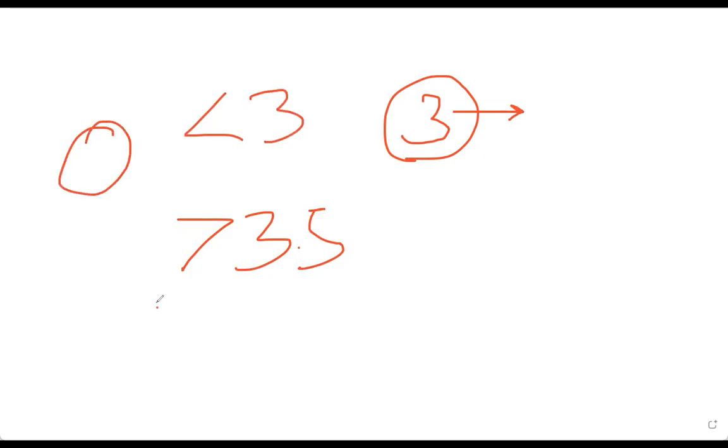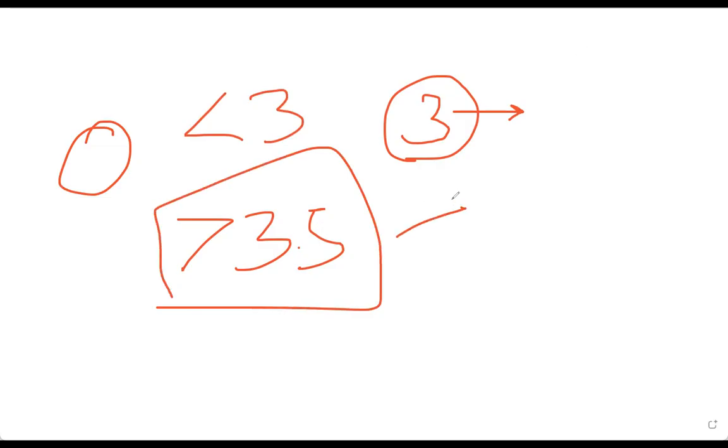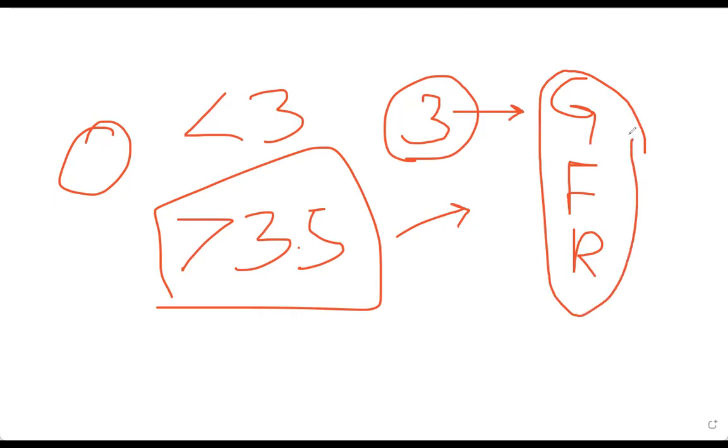Then comes GFR. G for group play comes at 4.5 to 5 years. Fantasy play comes at 5 years, and role play at 5 to 6 years. So this is triple S, PIP, GFR.